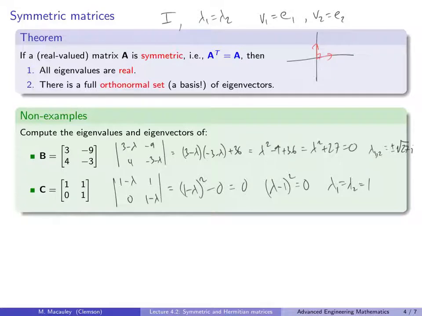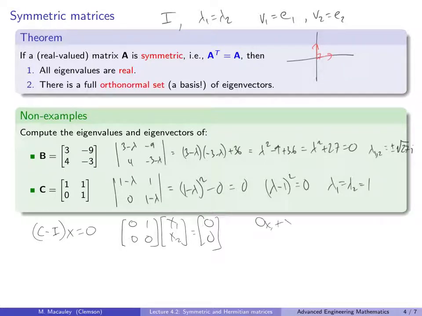So let's do C minus lambda I, which is C minus I times x equals 0 to compute the eigenvector. So C minus I is 0, 1, 0, 0 times x1, x2 equals 0, 0. And the first equation says that 0x1 plus x2 equals 0.